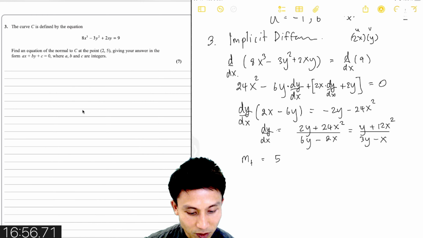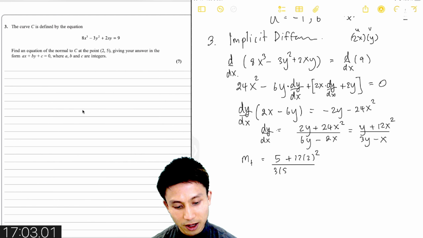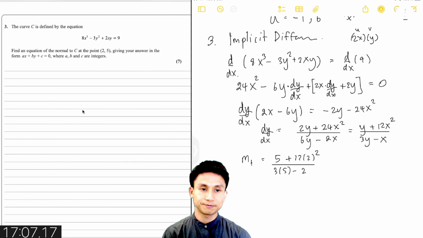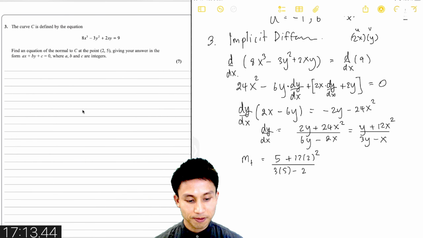So 5 in the y and 2 in the x. Again, 5 in the y and 2 in the x, right? Okay, because the point is 2, 5. I'm just checking. Just being careful here.